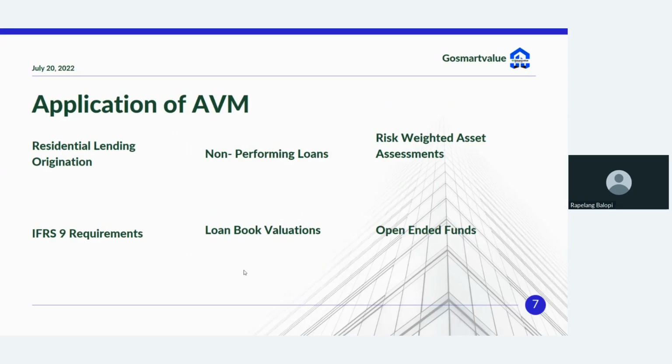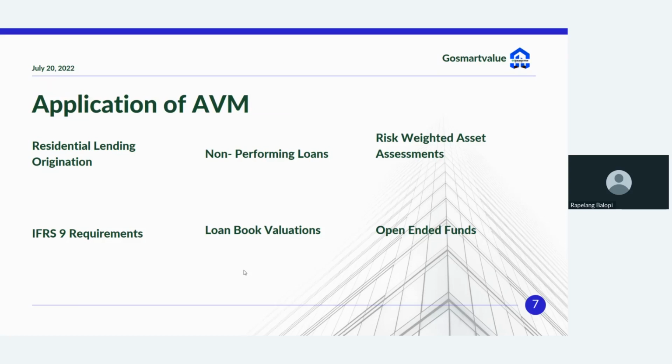As we continue on, we are seeing application of automated valuation models across the globe, in residential lending. We are seeing it being applied in different areas for different reasons.